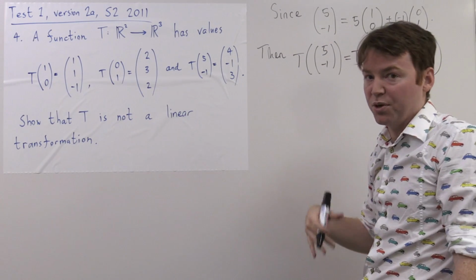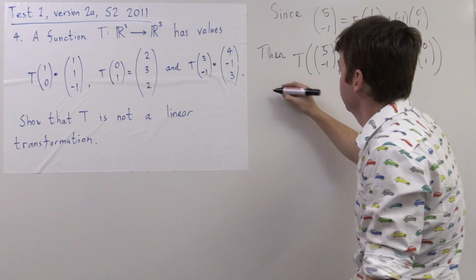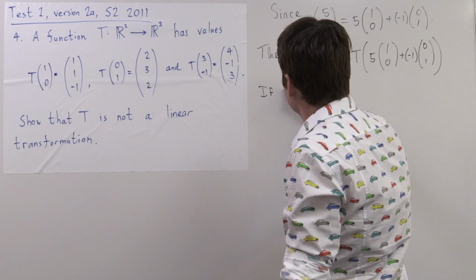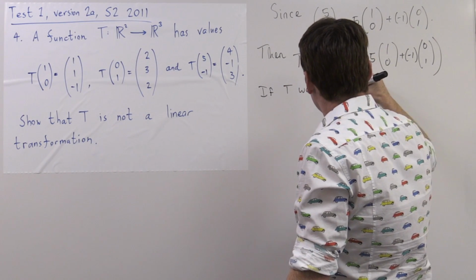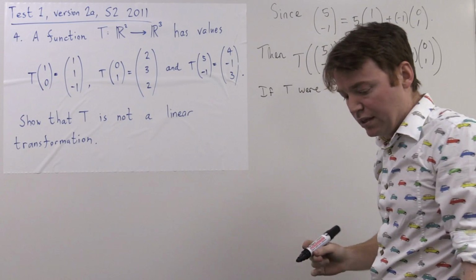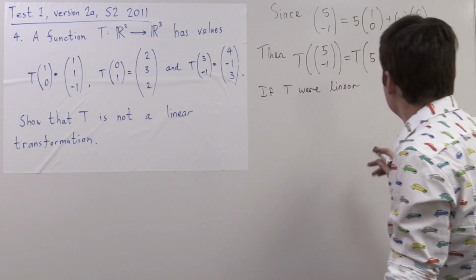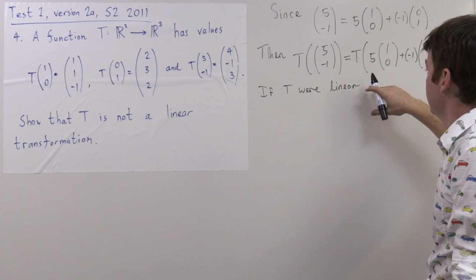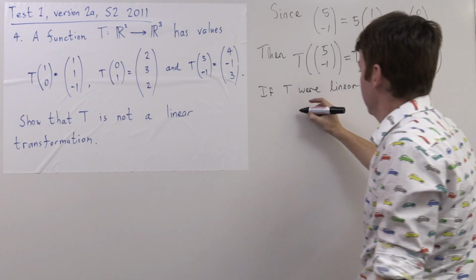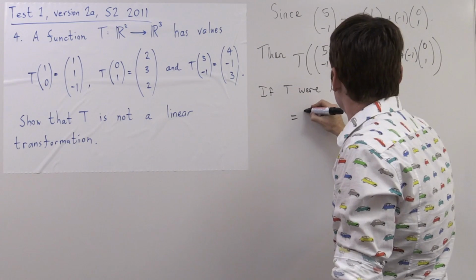Now we suppose what happens if T were linear. If T is a linear transformation, then T applied to this sum is just T applied to, well, I'll just write it down instead of speaking it.